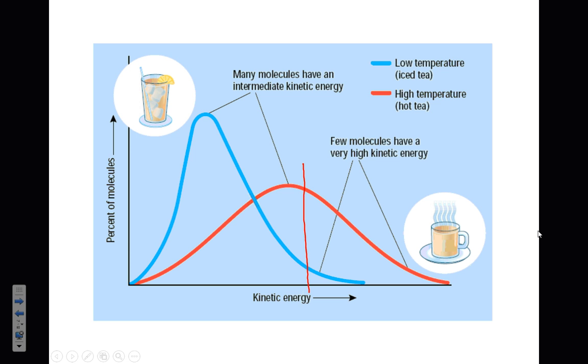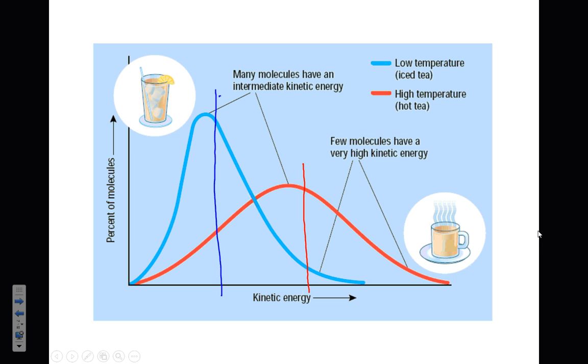And for our blue one, our average kinetic energy is probably going to be somewhere over here. So what we talked about with this diagram last time we looked at it was, well, you can see when we increase the temperature, we're increasing the average kinetic energy. So the height of the hill is smaller in the red situation, but it's significantly greater in average kinetic energy. And that was what we used the last time we talked about this diagram.